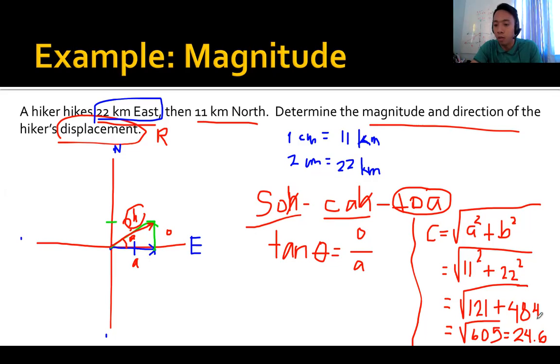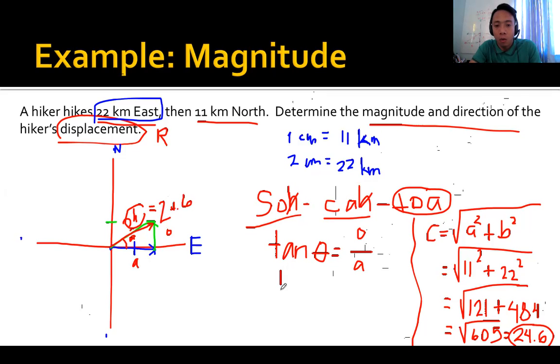Marami. Okay, so I will just find the first decimal point, which is 6. 24.6. Okay, so we have now the h, which is 24.6.